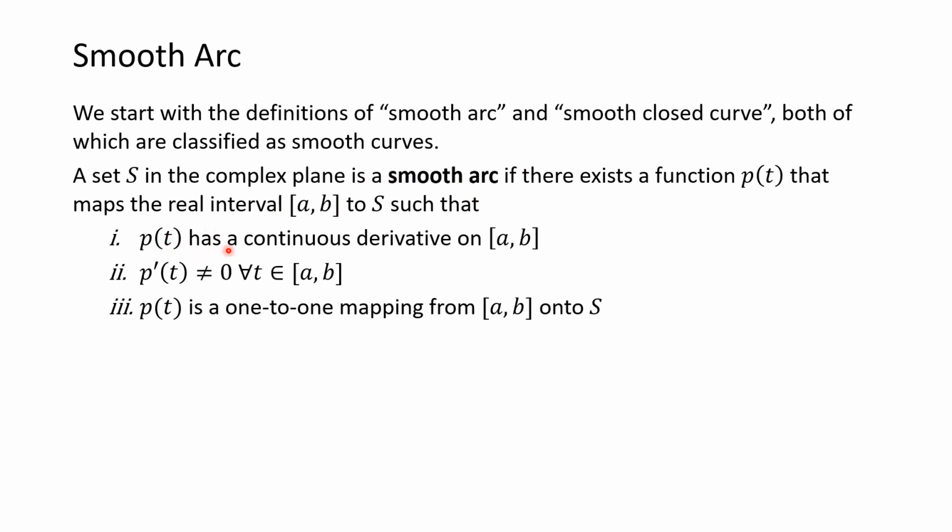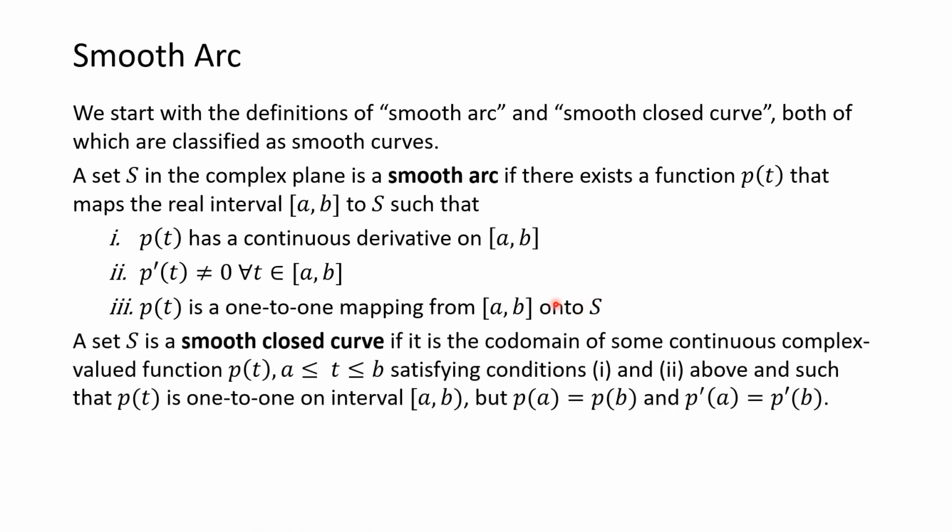The p of t needs to have a continuous derivative on [a, b]. The derivative cannot equal 0 for t between a and b, and p of t is a one-to-one mapping from [a, b] onto S. So for every value in S, there's a value between a and b, and for every value between a and b, there's a point on S.